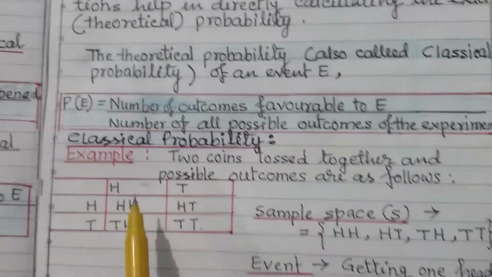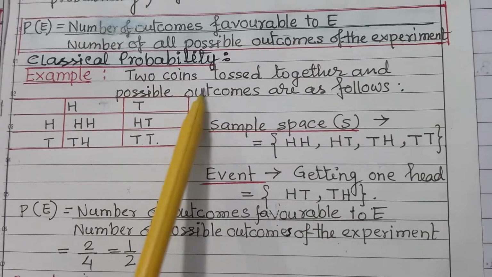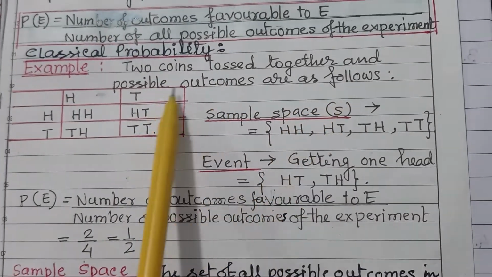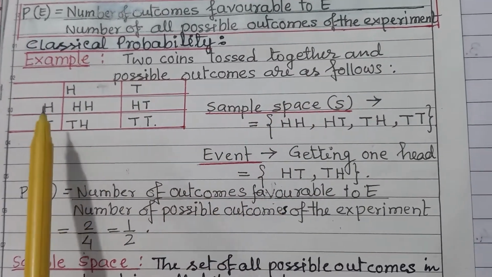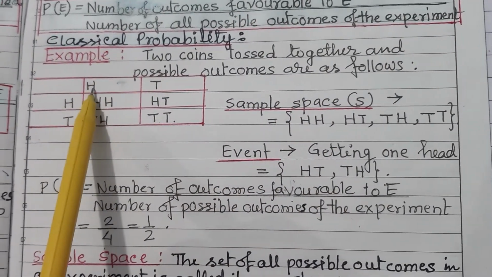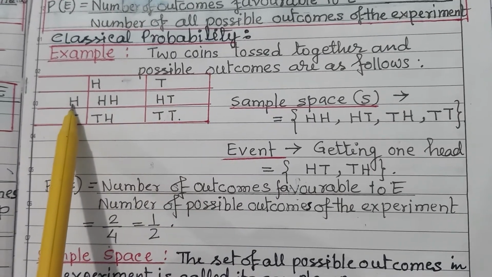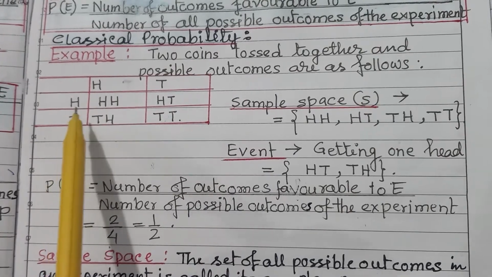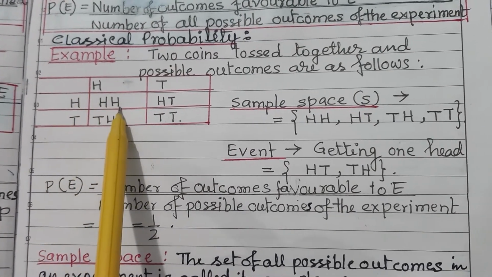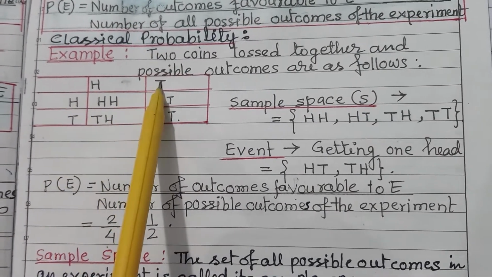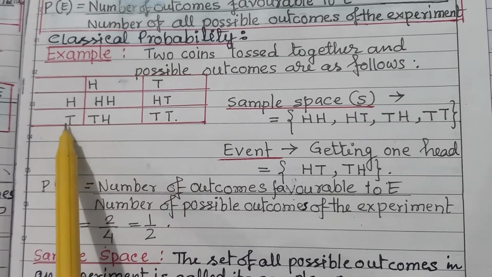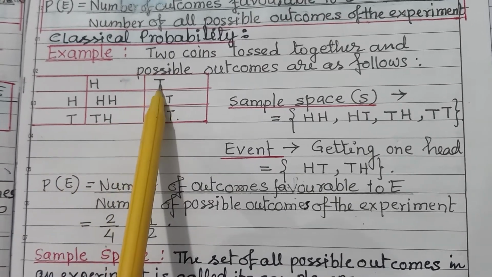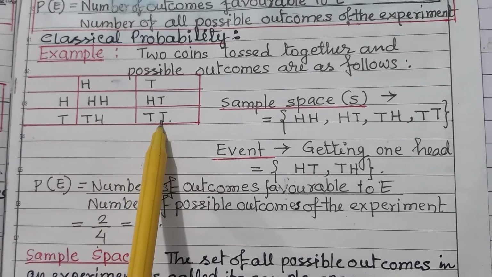Here is an example. Two coins are tossed together. That is the experiment, and the possible outcomes are as follows. For 2 coins, one coin has head and tail, and the other coin also has head and tail. You write them column-wise and row-wise and combine: HH, HT, TH, TT.